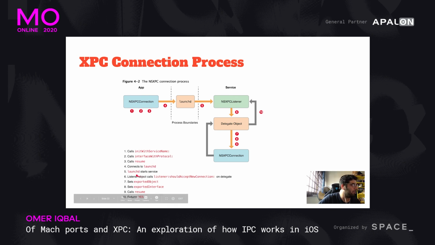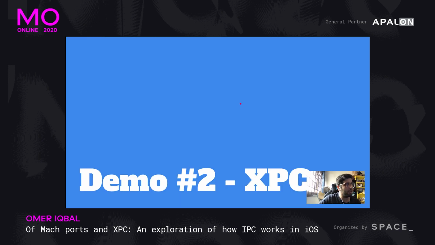Under the hood, this will connect to launchd, which we talked about earlier. launchd knows all the XPC services that are available, and the service itself will have some listener object that's actually listening for new connections, and there's some stuff that we need to do, and basically this thing will be ready to be used. That's the rough flow. Let me show a quick demo of XPC.